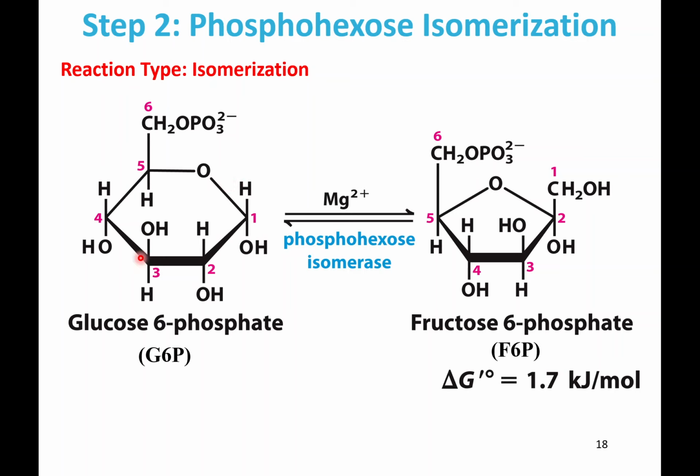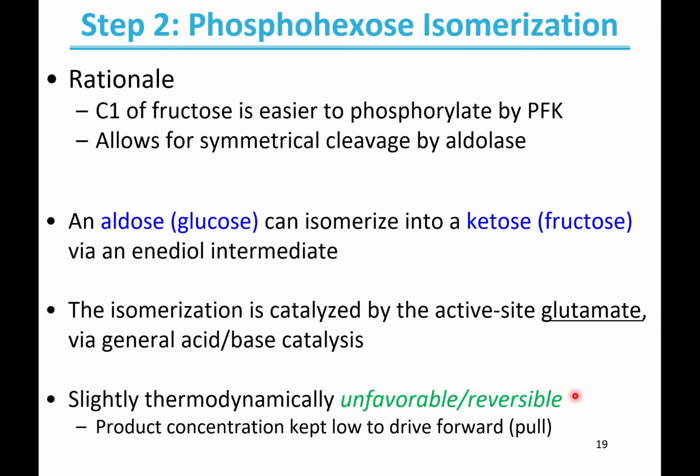You're changing the glucose, which is an aldose, into fructose, which is a ketose. The delta G naught prime on it is 1.7 kilojoules per mole. So that's very close to zero. Slightly unfavorable, but it's close to zero.